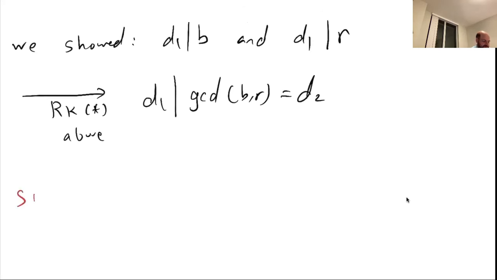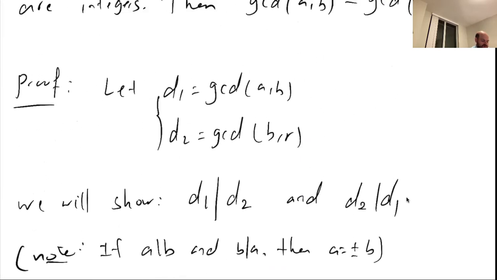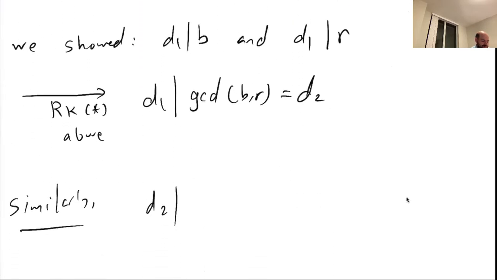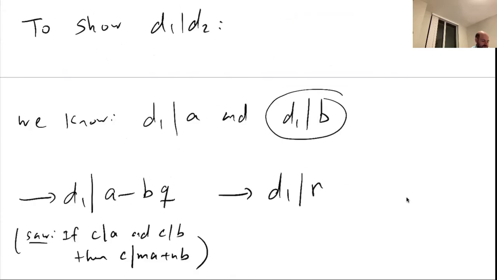Similarly, what do I know about D2? We know that D2 is, by my assumption, the GCD of B and R. So D2 divides B and D2 divides R. So that means D2 divides A as well. What was A?